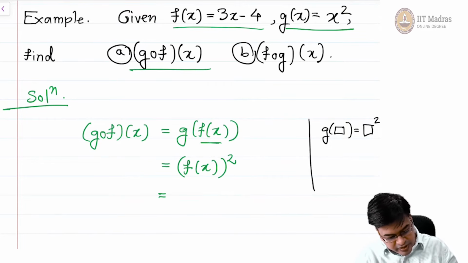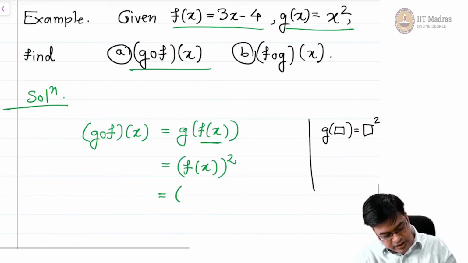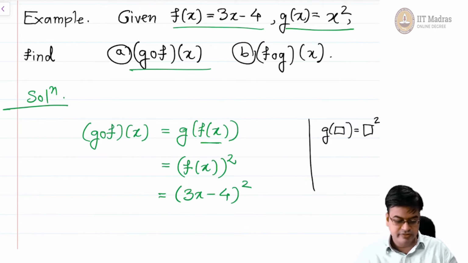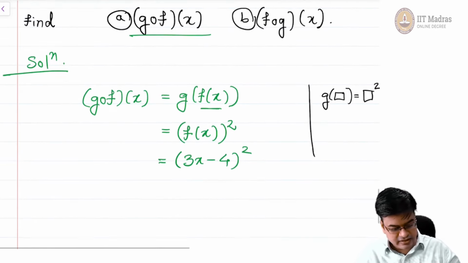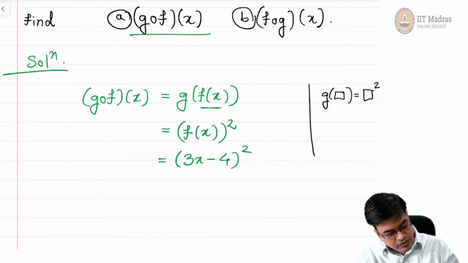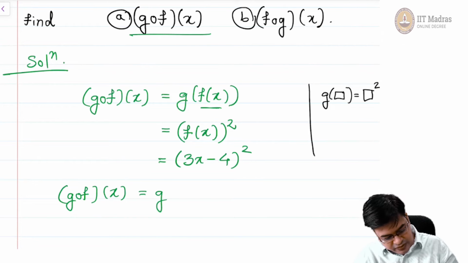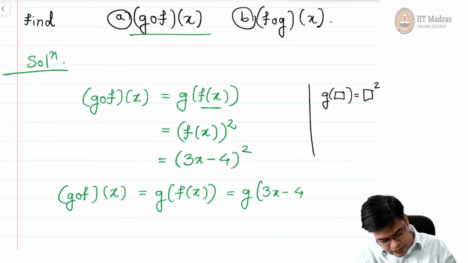Now the entire process is simplified. You don't have to worry about what g is. Now it's simply f of x square. What is f of x? Feed that value in and you will get 3x minus 4 the whole square. Another way to handle this is, you can simply write GOF of x as g of f of x, feed in the value of f of x, that is g of 3x minus 4.